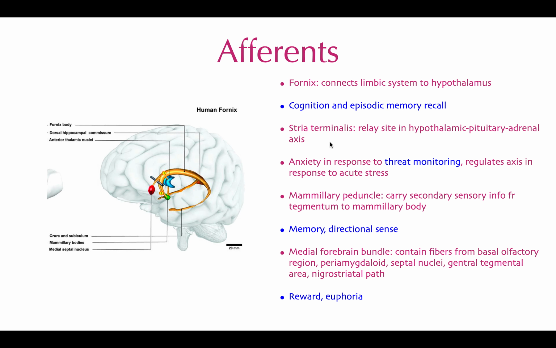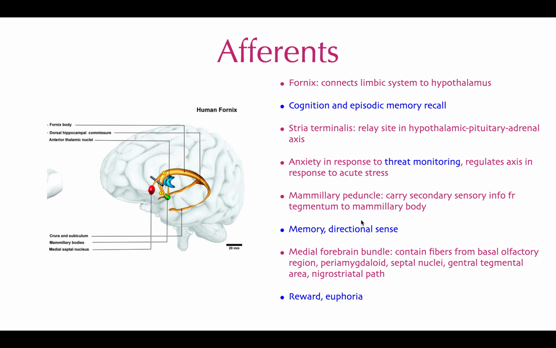So the fornix is going to be responsible for cognition and episodic memory recall, remember, because it connects to the mammillary body. The stria terminalis is going to increase anxiety in response to threat monitoring, and in doing so, it regulates the response to acute stress.